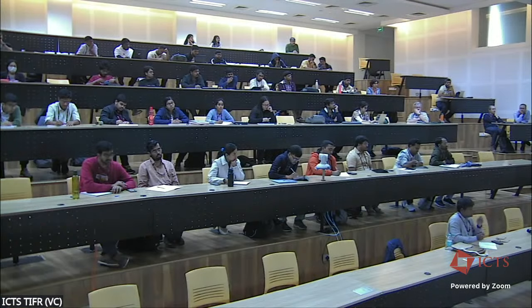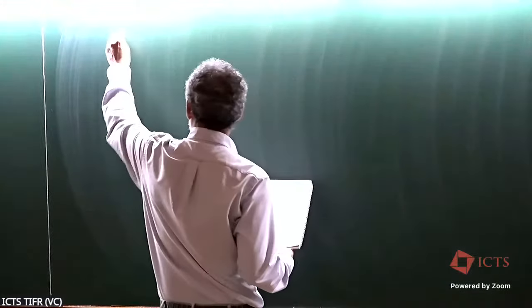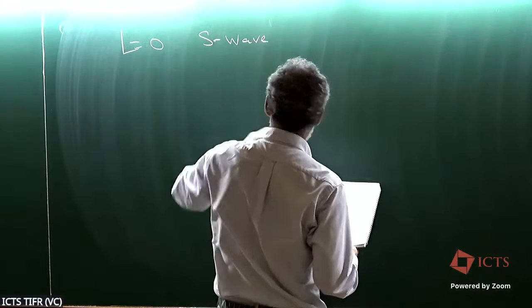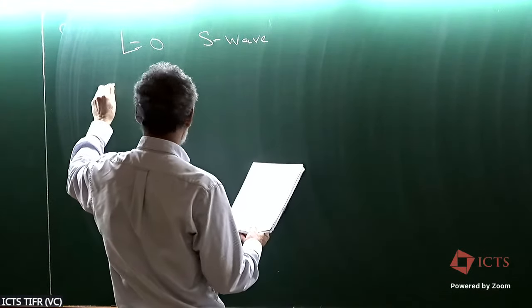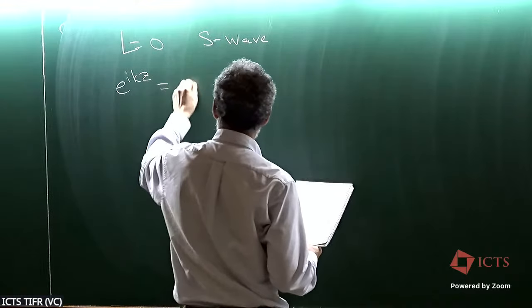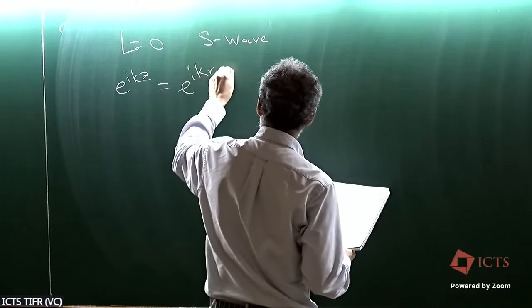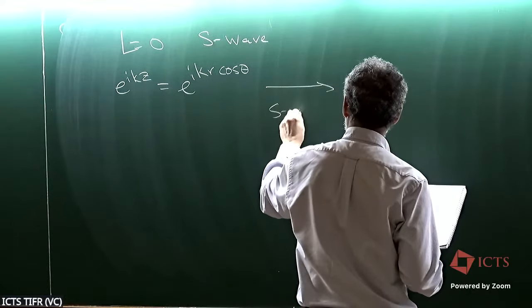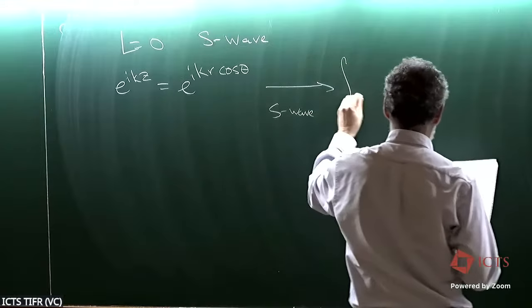Okay, so let's talk about L equals 0, S wave. In this case, we can replace e to the ikz, which is equal to e to the ikr cos theta, for an S wave, by its spatial average.